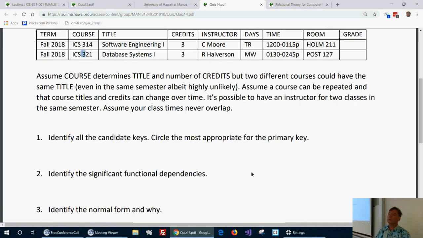So in BCNF, you cannot have a candidate key attribute dependent on only part of a key. When you're trying to determine between BCNF and 3NF, you're looking at just keys and candidate keys.